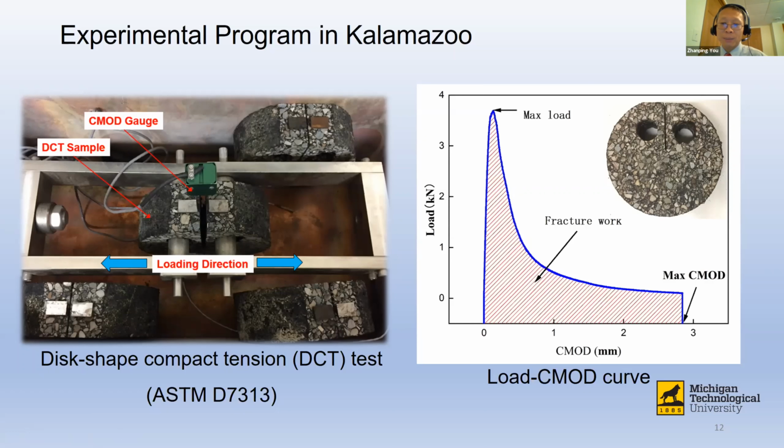That means this sample is tough to beat, or has really good fracture resistance. That is a good thing. That means this sample probably is not going to crack easily from fatigue or in a low temperature cracking environment. So this is the DCT test.